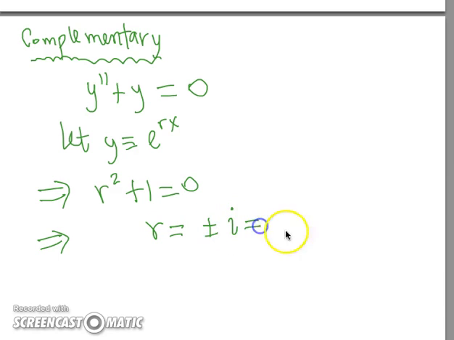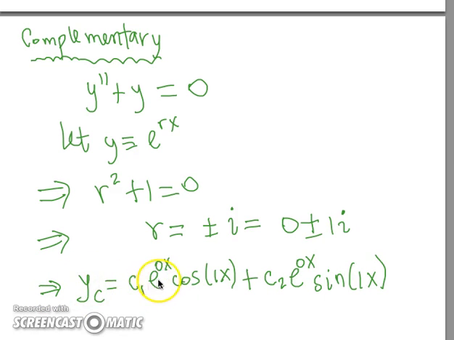We could actually write this as 0 plus or minus 1 times i. Those are the complex roots on the imaginary axis with 0 real parts, and that means that the complementary solution takes this form.